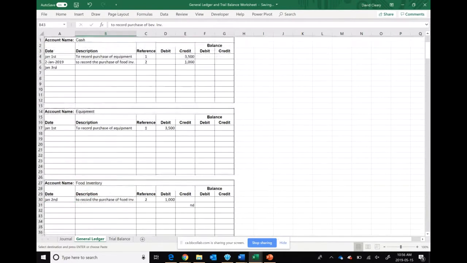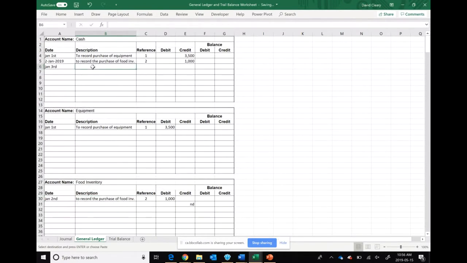The reference is still 3 for the third transaction, and we were crediting it by what was it, 450? Perfect. So now we've posted the two pieces of individual transaction information to their respective accounts.